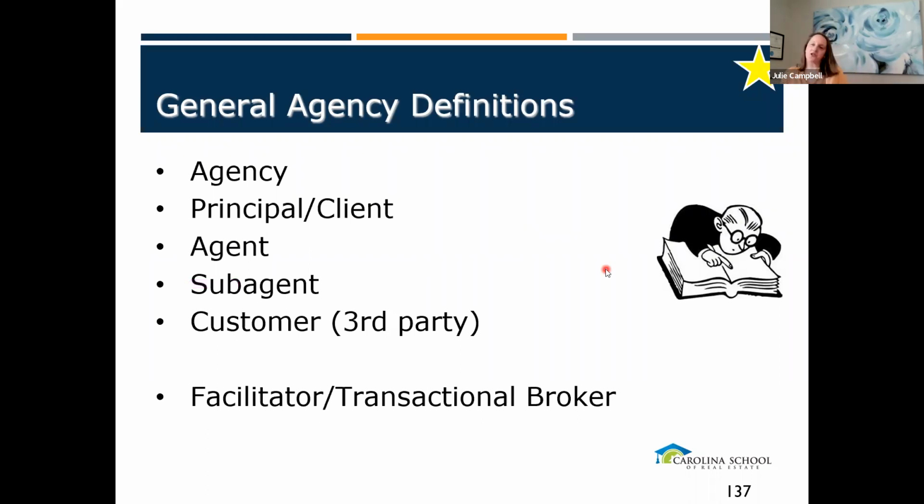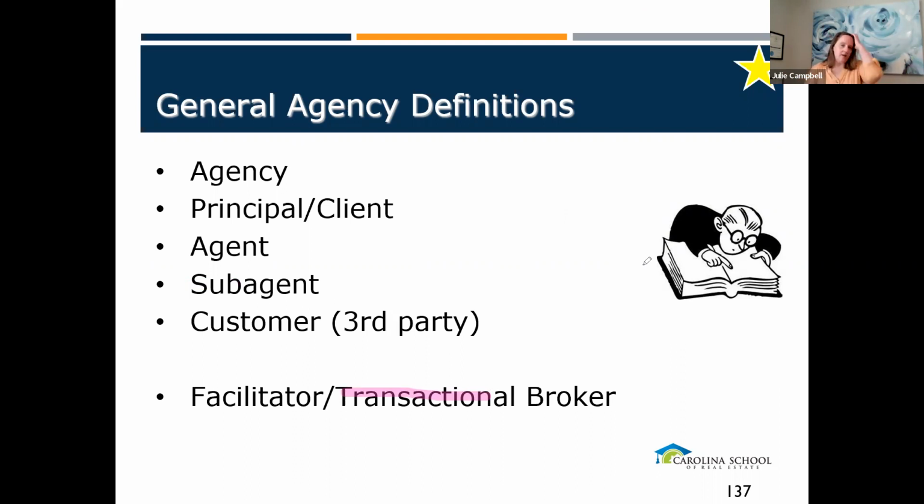The other definition we have is that of a facilitator broker or a transactional broker. This is a non-agency relationship. This relationship is not about the people. It's about the transaction.